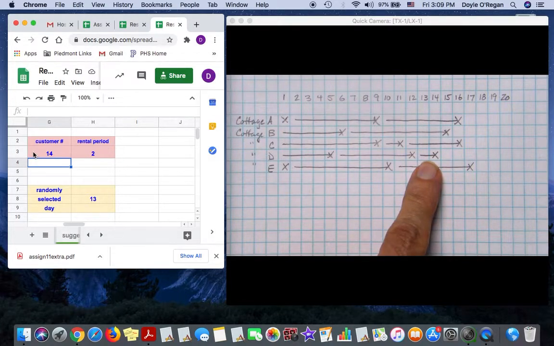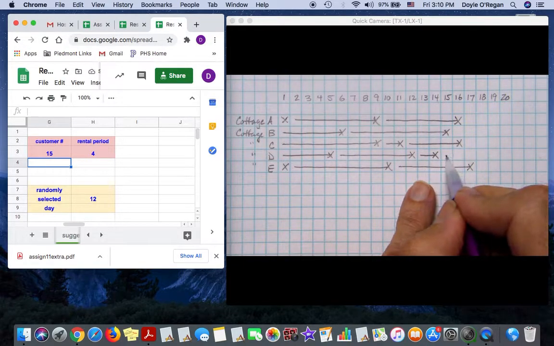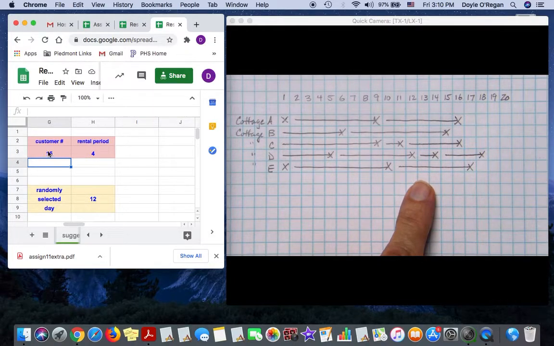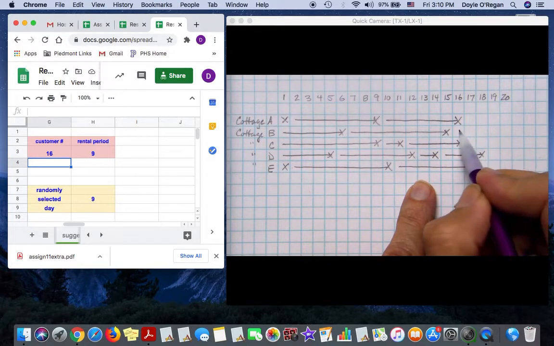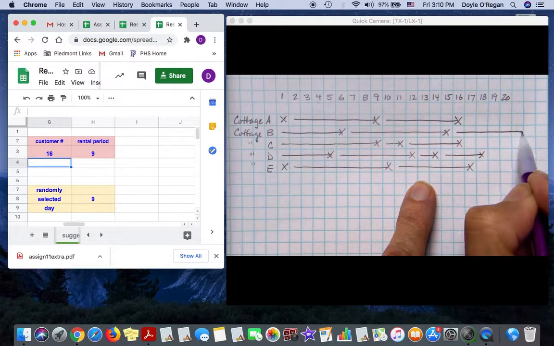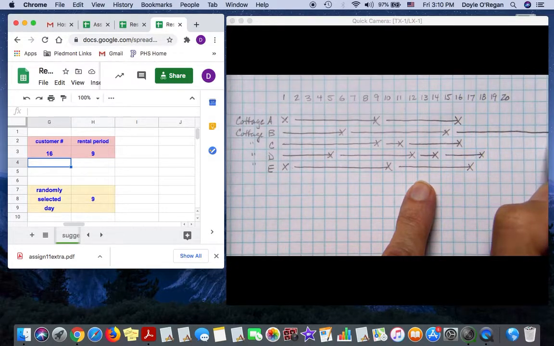Okay, so this room's going to come open again. 4-day stay. Nine-day stay. So for some of these, we're going to end up going past day 20, and that's all right.